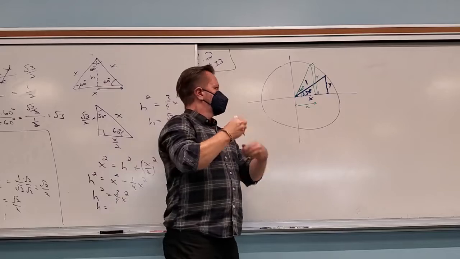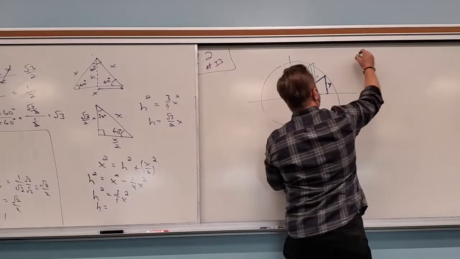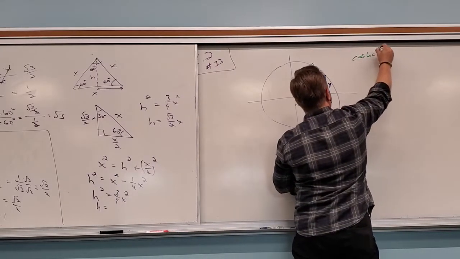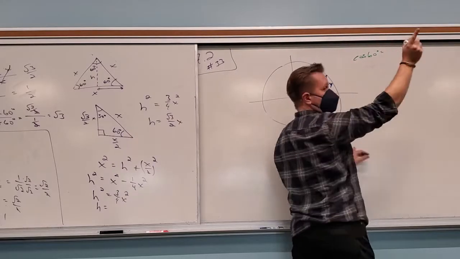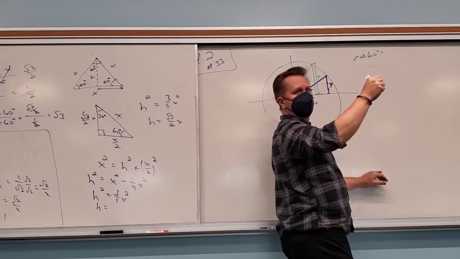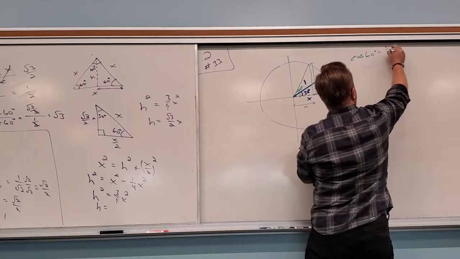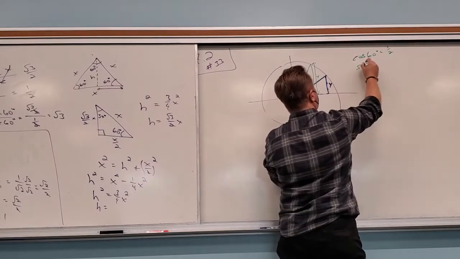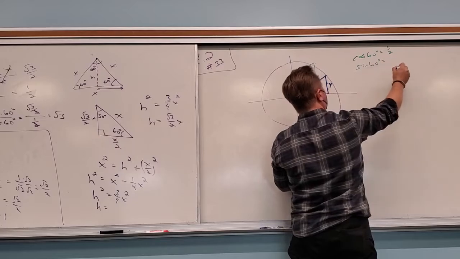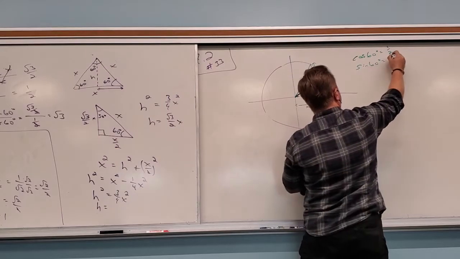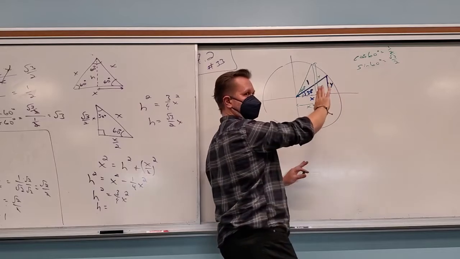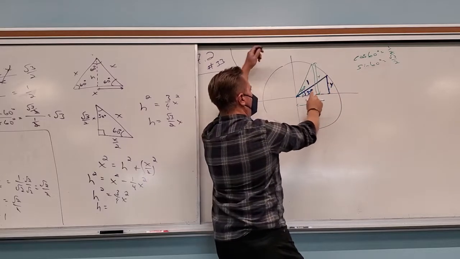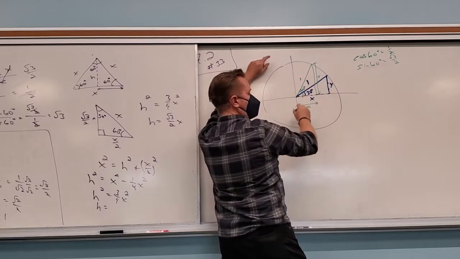Okay, I like it. So at this one, what's cosine of 60 degrees? We just did it a minute ago. Say again. 1/2, I love it. And what's sine of 60 degrees? Rad 3 over 2. So what that means is, and again, this is 1, right?